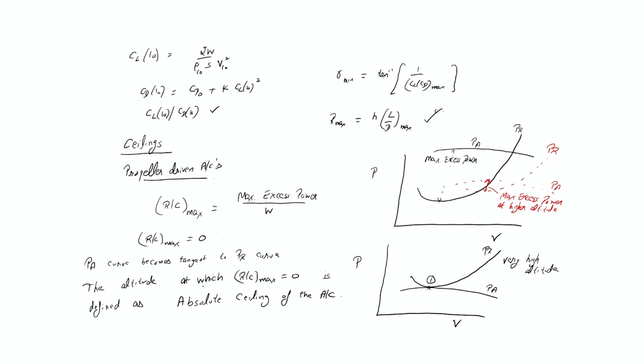Okay, the altitude at which rate of climb, in fact maximum rate of climb, is equal to 0 is defined as the absolute ceiling of the aircraft. Beyond which obviously the aircraft cannot attain more height.